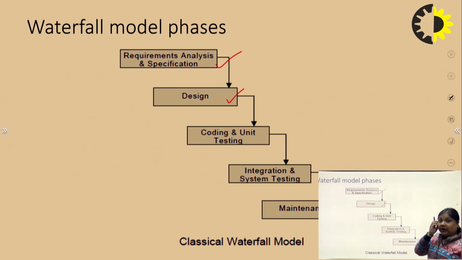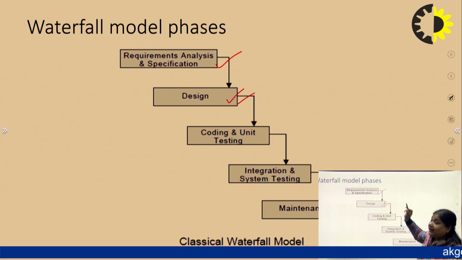Next is coding and unit testing. In the coding phase, all the classes and interfaces designed in the design phase are implemented. The code is written, and unit testing is done on the different components of the software product.